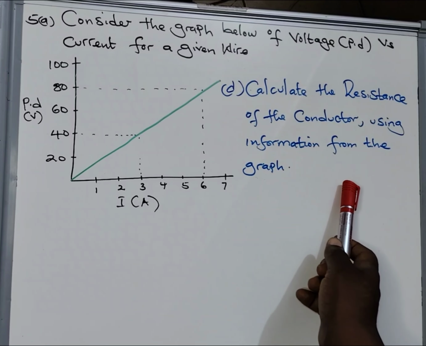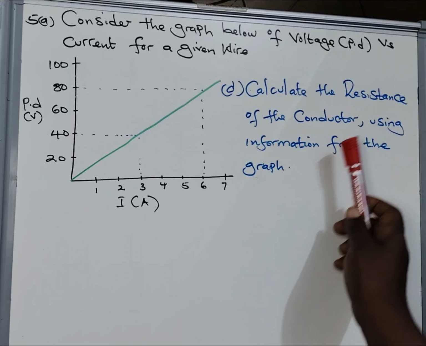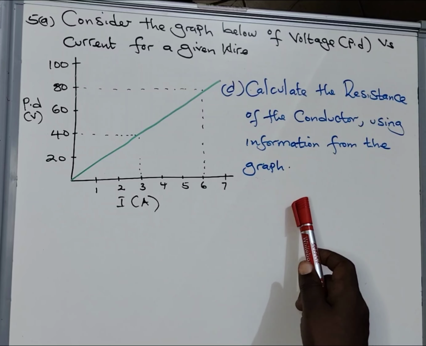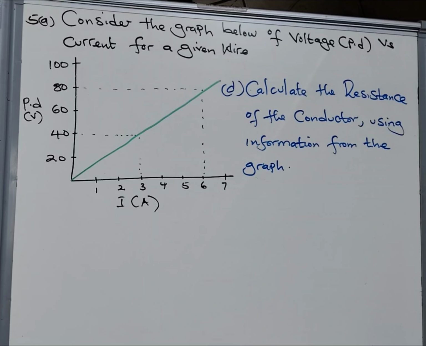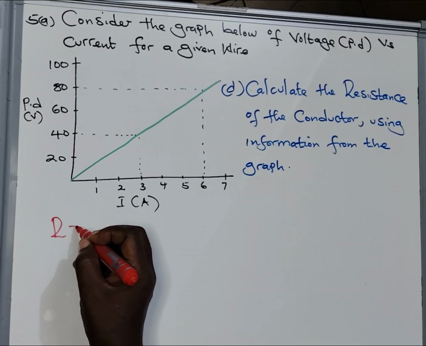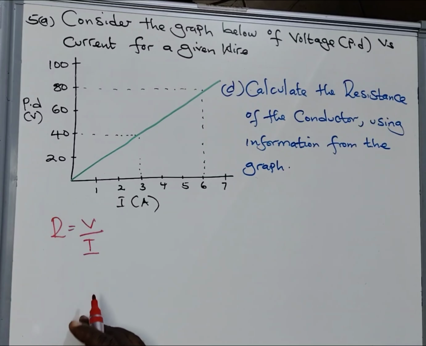Then comes this question. It says, calculate the resistance of the conductor using information from the graph. What's the resistance of this wire? We have to remember that resistance is equal to V over I, according to Ohm's law.